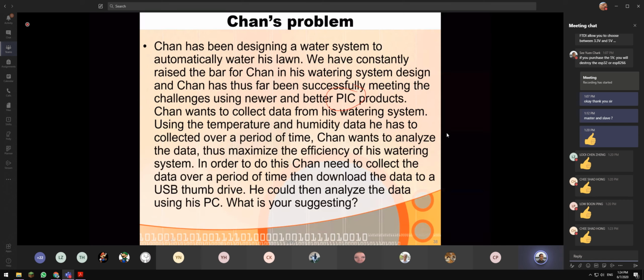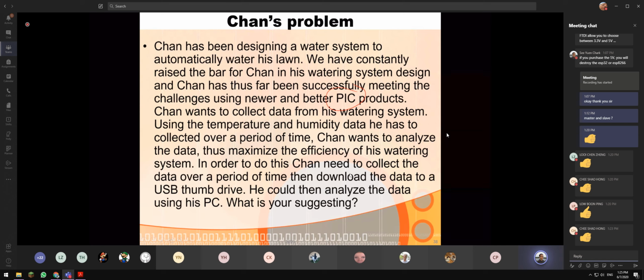You must remember that under Microchip they have hundreds of variants of microcontroller.